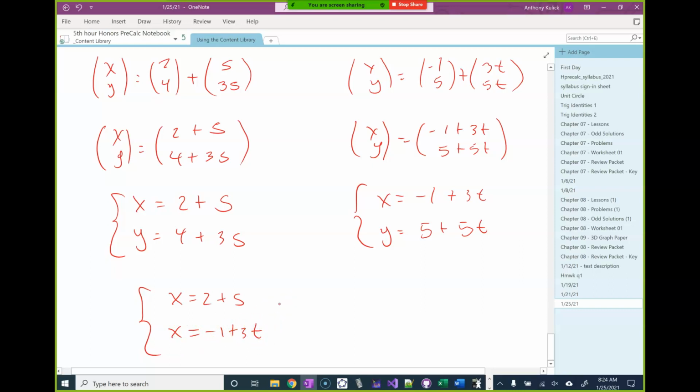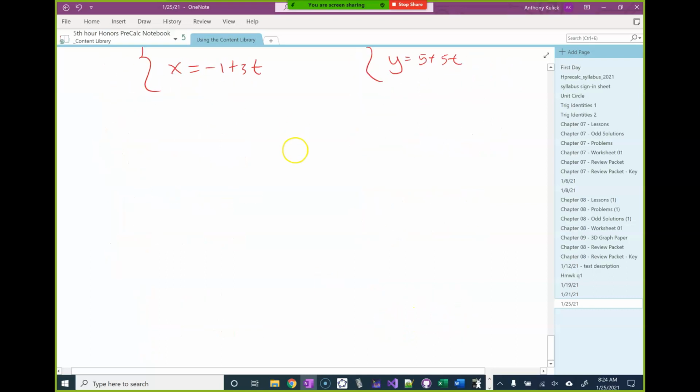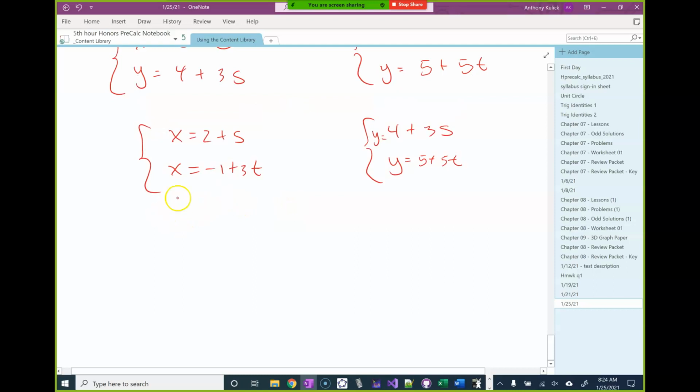So because these are both equal to x, I can say that, and since these are both equal to y, I can say that. And now I'm just going to rearrange things so that the s's and t's are on one side and the constant is on the other. And I'm going to take these two and make a system.